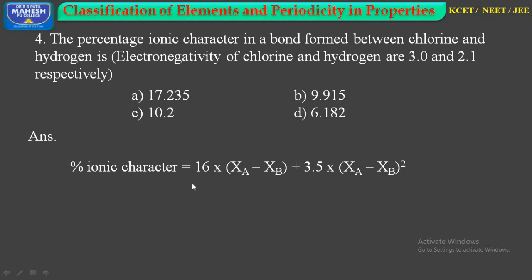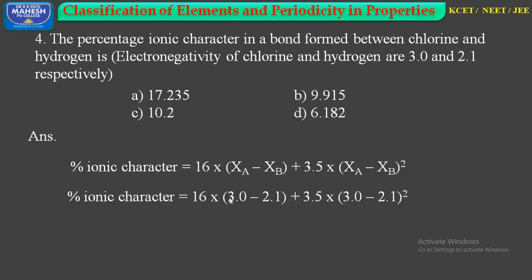Substituting the values, percentage ionic character is equal to 16 into XA, the electronegativity of chlorine, 3.0, minus XB, the electronegativity of hydrogen, 2.1, plus 3.5 into (3.0 minus 2.1) squared.